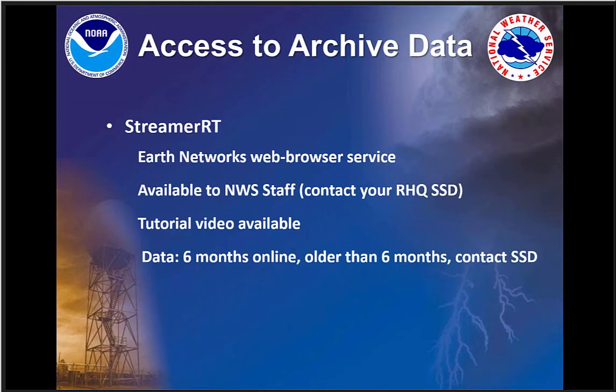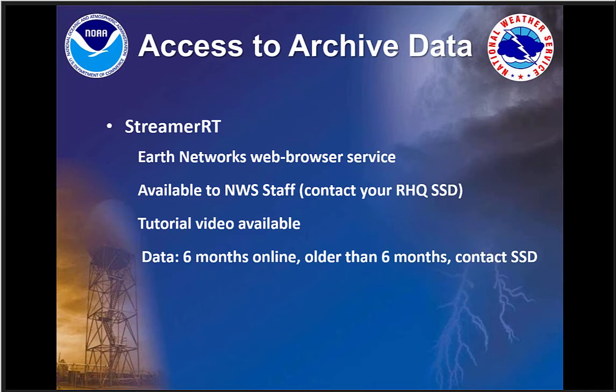The ENTLN data is also available via archive, so if you have an event that you want to go back and look at, there's a client that Earth Networks provides to the Weather Service called Streamer RT. It's a web-based browser client access to the Earth Networks data service. So if you have IMETs or others that get deployed off-site and they want to have a way to access this data, there is a way to do that.